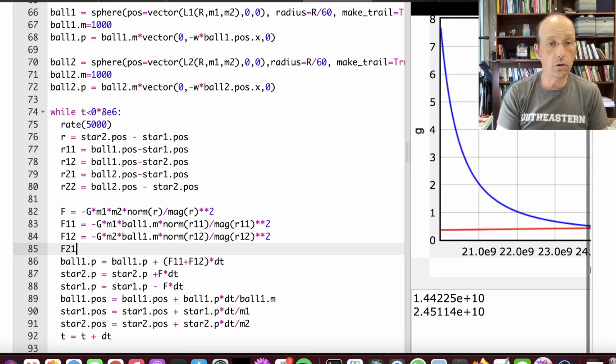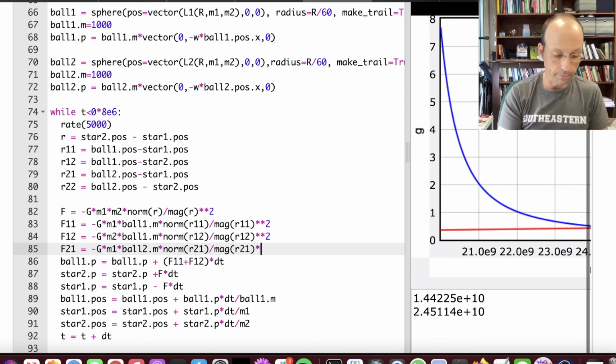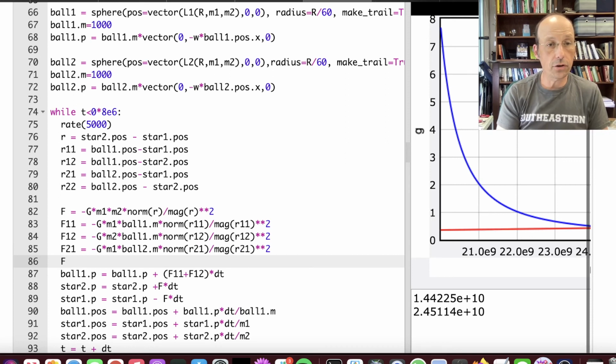So F21 equals negative G times M1 times ball 2.m times norm R21 divided by mag R21 squared. F22 equals negative G times M2 times ball 2.m times norm R22 divided by mag R22 squared.